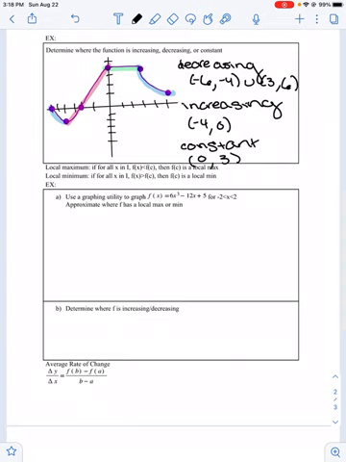Next, we're going to talk about the local max and the local min. So using a graphing utility, we're going to graph this function and approximate where f has a local max or min. So I'm going to go to our graph and plug this in.